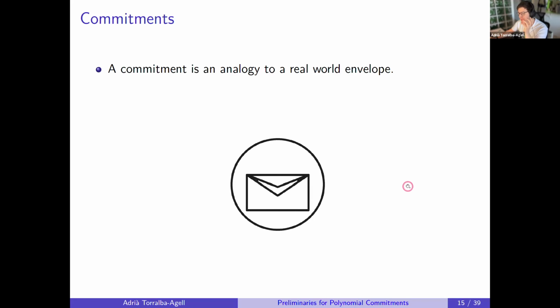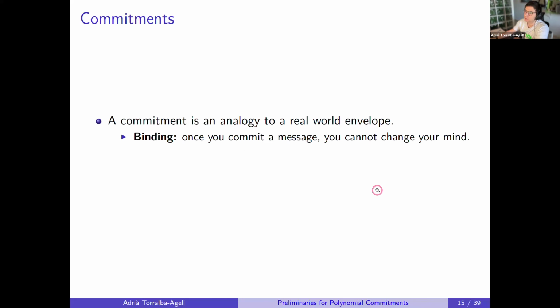And a commitment is an analogy to a real world envelope, in the sense that we want two good properties from this. The first one is that a commitment is binding in the sense that once I commit a message, I cannot change my mind later. I'm bound to this commitment.